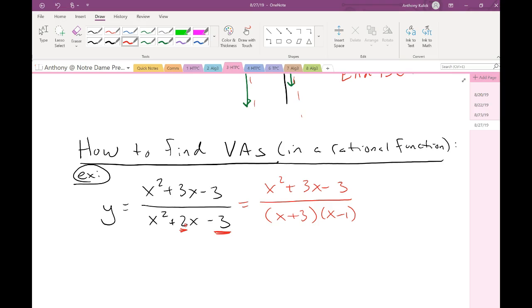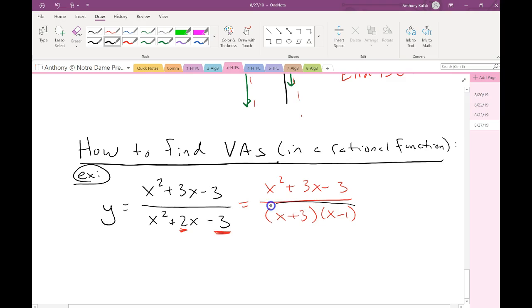Okay, so Val said to factor, which is what we did. Then what do we need to do? Good. So then if there's any reducing, we would want to do our reducing. Since the numerator cannot factor, there's no reducing to worry about.